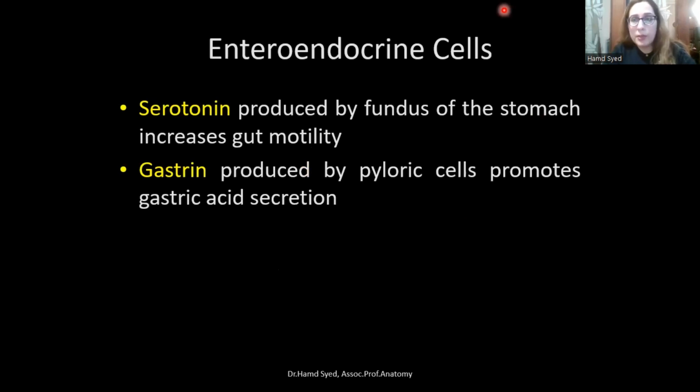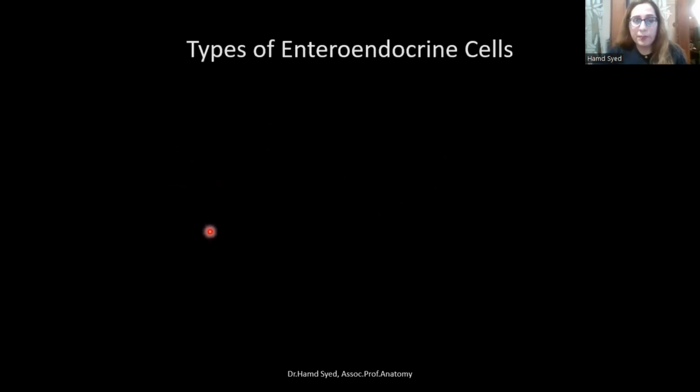A few examples that I'm showing here: one is serotonin, produced by the enteroendocrine cells in the fundus of the stomach, a substance which increases gut motility. Another example, produced by enteroendocrine cells in the pyloric region of the stomach, is gastrin, which increases the secretion of gastric acid.